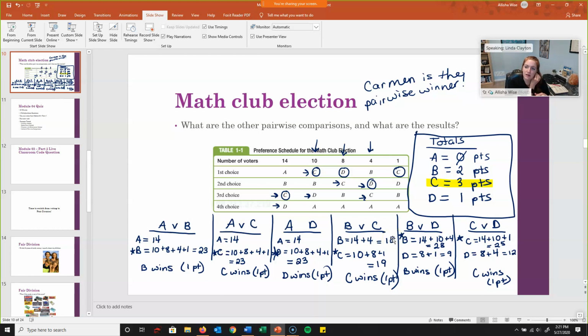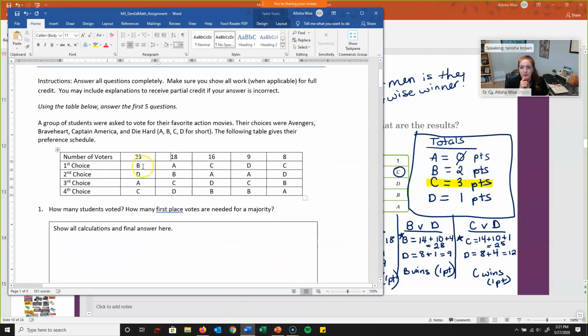Okay. So for A versus B in this example, the first column, right? Who would win this first column? B. So you would give B 23 points. And then you have to do that for each of those columns.